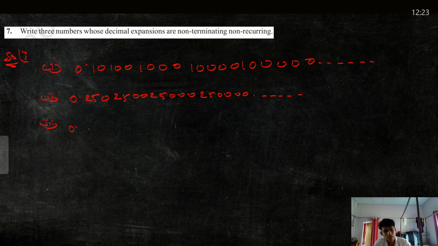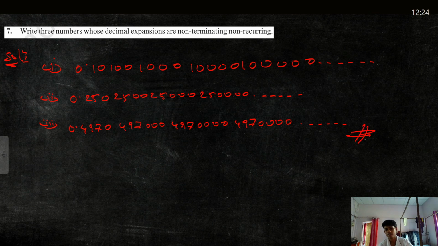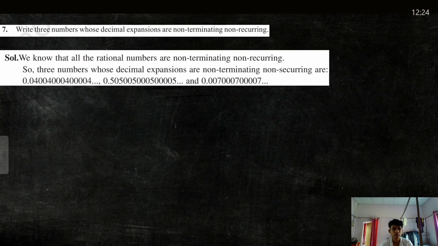And third, 0.4970, 4970000, 4970000, and it would continue till infinity. Okay, so here are some different examples. All are valid, it just has to be non-terminating and non-recurring.